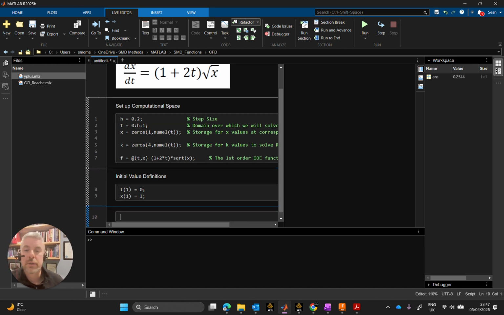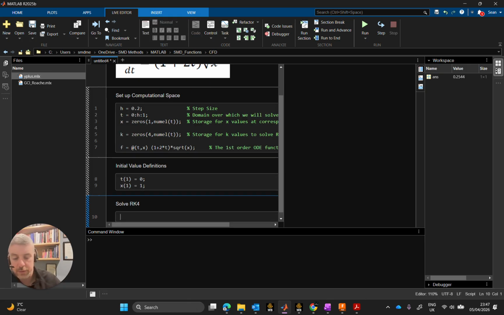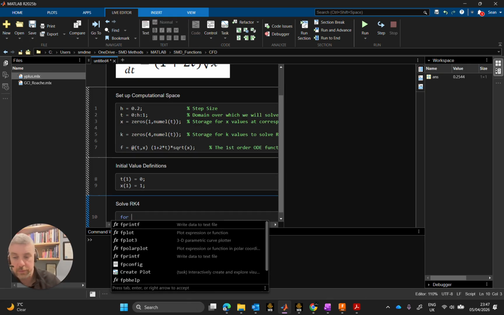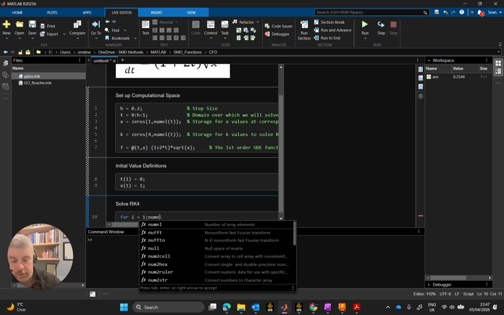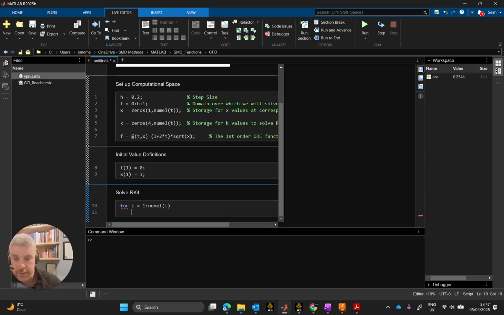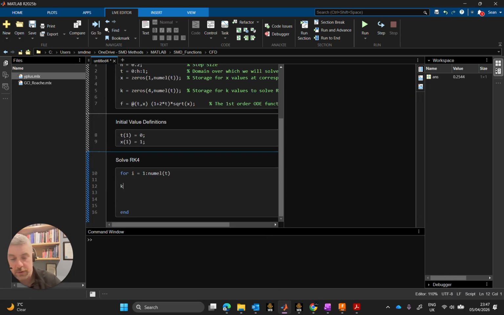Alright, let's section break this, put in a text, and let's solve RK4 in here. Go for code. Let's do it with a for loop. For i is equal to 1 all the way up to the number of elements in t. What I'm going to do is I'm going to solve my k's first. I'm going to say k, first row in the ith column, it's going to be equal to my function value.